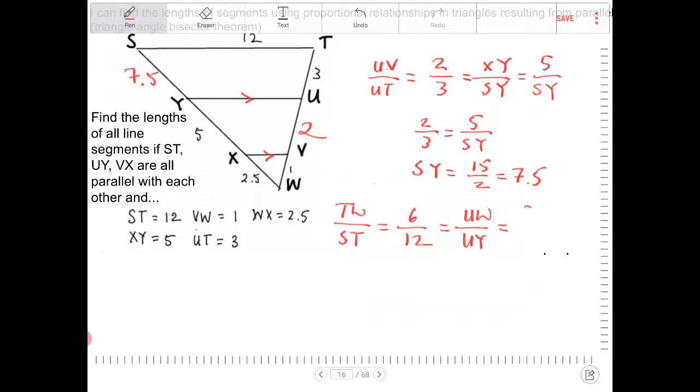UW is 3. And I'm trying to figure out what UY is. So I can say 6/12, or 1/2, is equal to 3 over UY, leading me to the conclusion that UY is equal to 1.5.